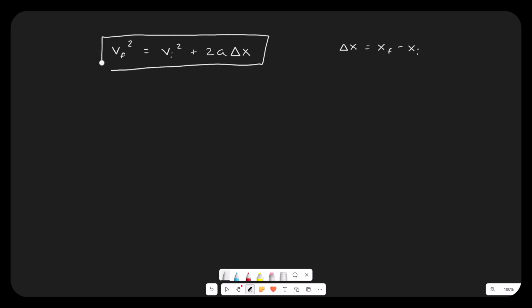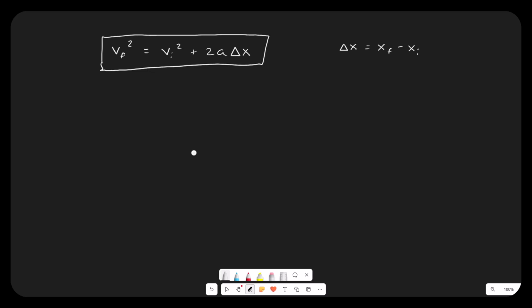So when I do that, I get this end result that looks like v final squared equals v initial squared plus 2a delta x. Remember, delta x is just x final minus x initial. That's an equation I'm going to actually end up using quite a bit.